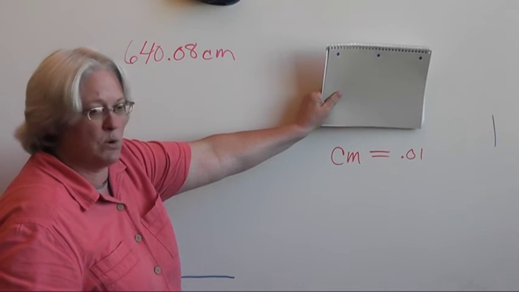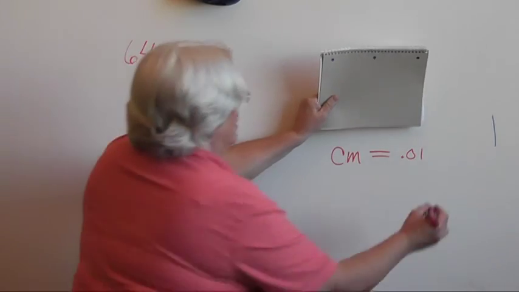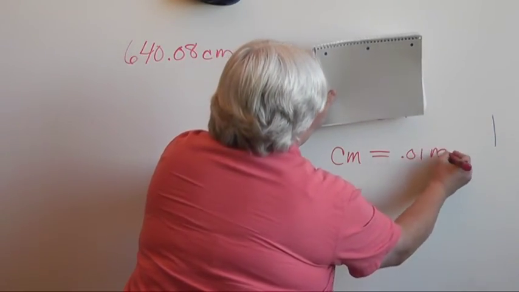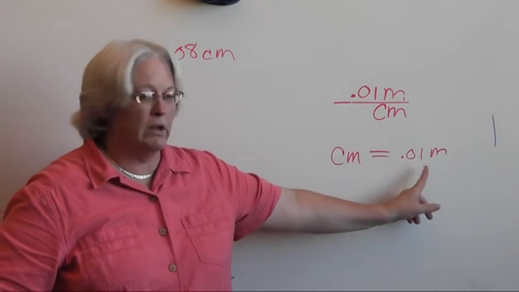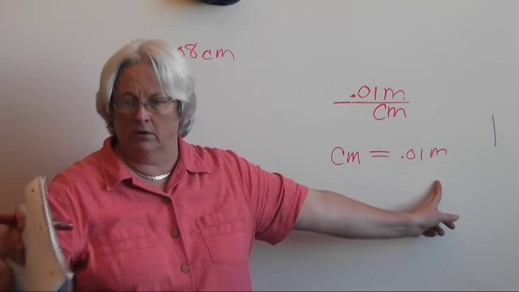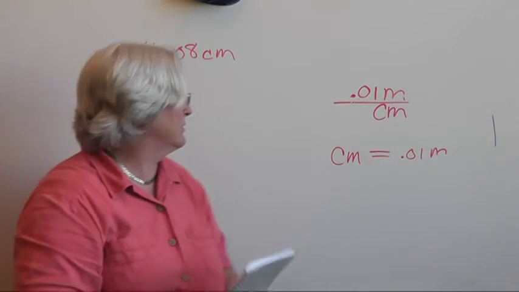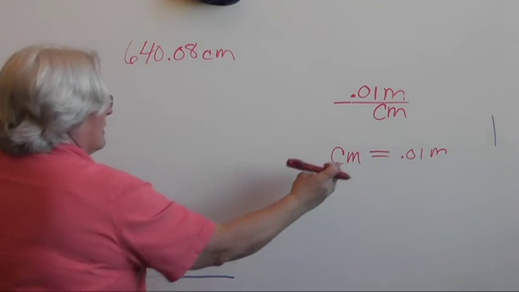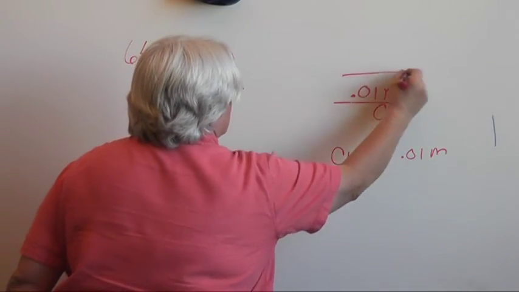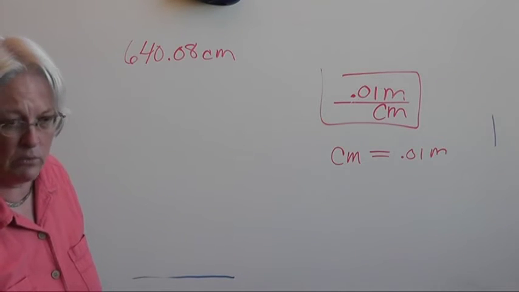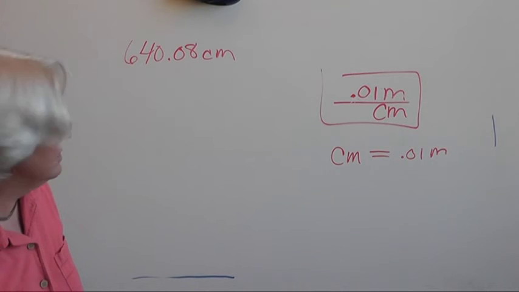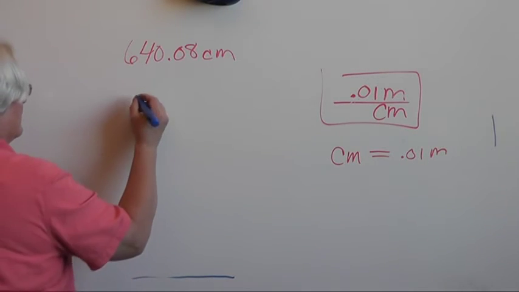You would read that as 100th meter. So centimeter is 100th of a meter. I think so, Matthew, if that's correct. So our unit conversion factor is 0.01 meters is equal to 1 centimeter. We both got it somewhere right. Good.